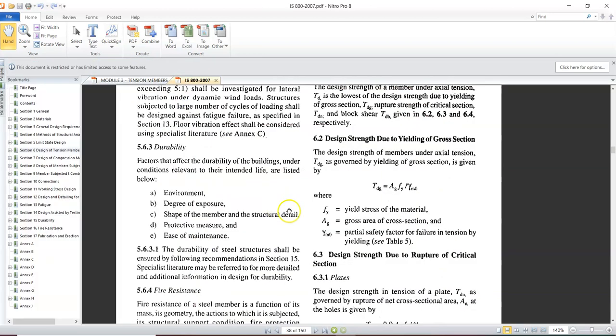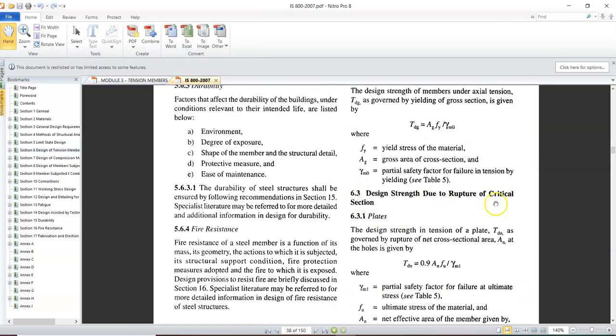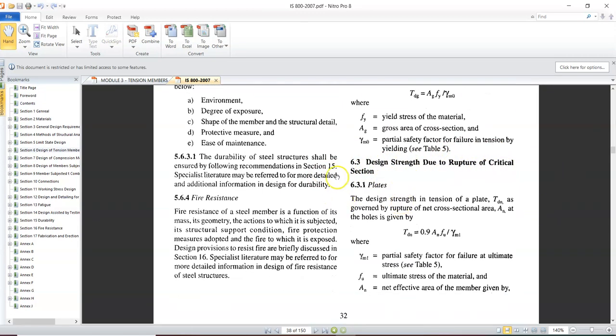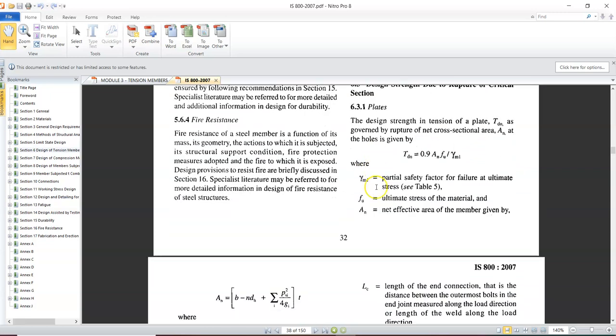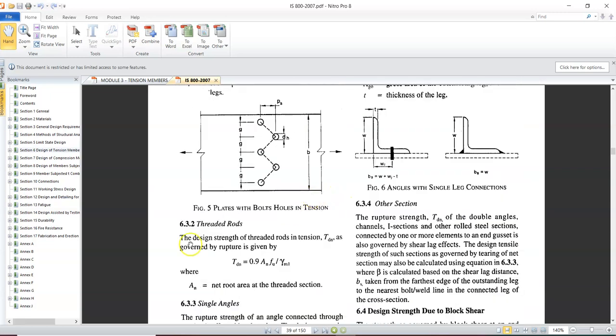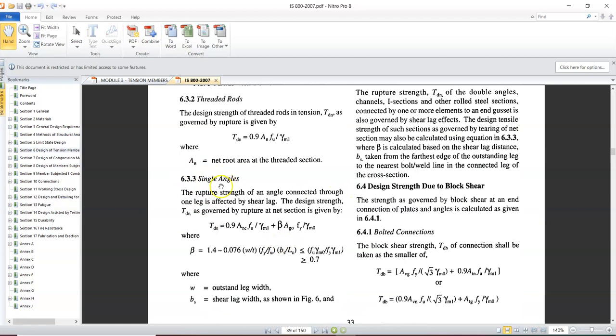The next type of failure of tension member is rupture of critical section. Now 6.3.1 will calculate design strength due to rupture of critical section for plates. Since we are checking for angles, we have to refer to 6.3.3, that is single angle. The rupture strength of an angle connected through one leg is affected by shear lag.